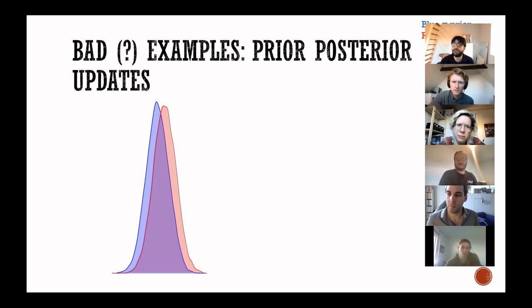So the blue is the prior, the red is the posterior. So what this might mean is that the prior was too confident and we weren't able to learn given the data that we have. Let's say if we had a small sample size, it's hard for the model to learn, especially when we have a confident prior.